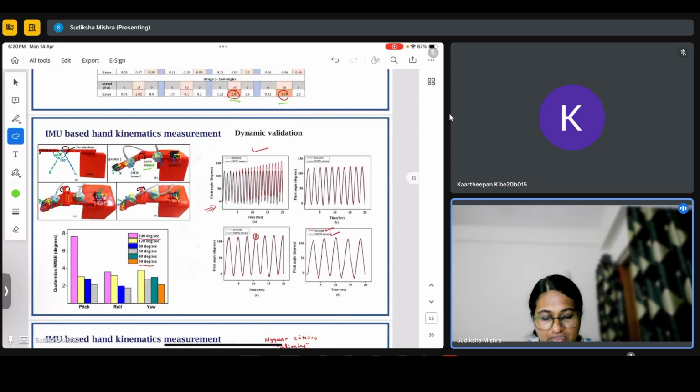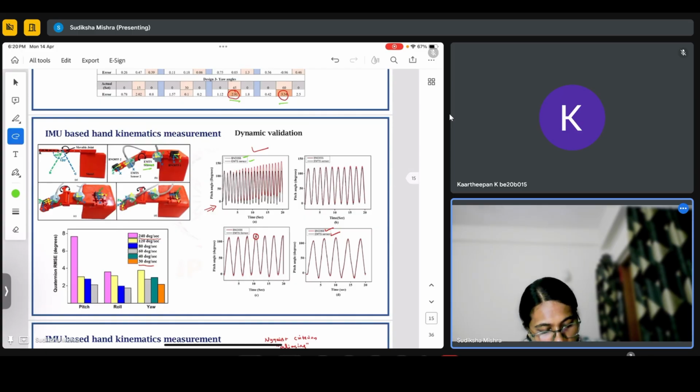For dynamic validation, they compared all the measurements to an EMTS sensor, electromagnetic tracking system. This is their system, and this is the standard sensor that was previously used. Because this is kind of a gold standard, whatever values they get should ideally lie similar to the EMTS sensor values.